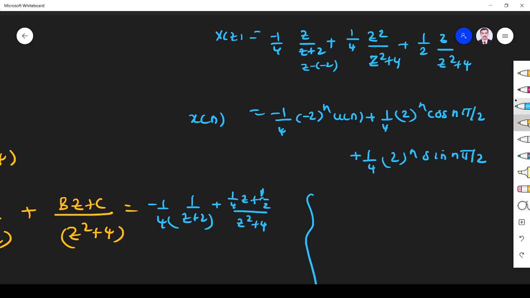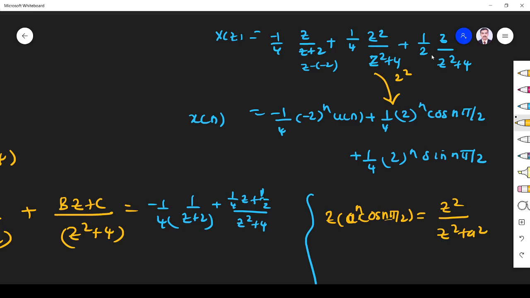Why? Because we know the z transform of a power n cos n pi by 2 is z squared divided by z squared plus a squared. So you see z squared by z squared plus 2 squared. So I write 1 by 4 as it is. So a is 2 power n. So 2 power n cos n pi by 2. So that is what this one.